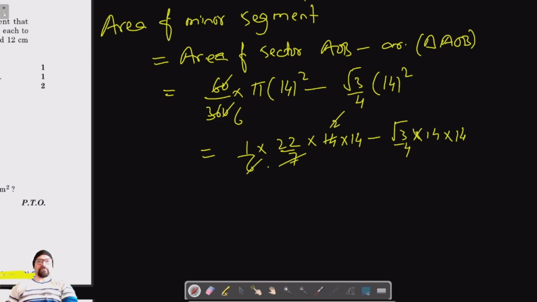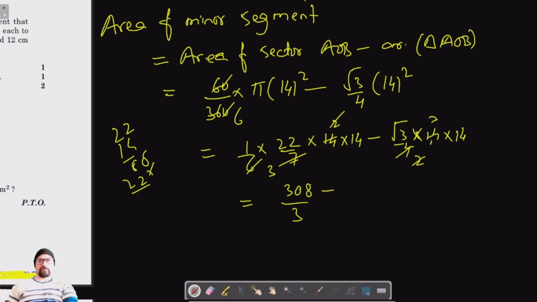So 7 twos are 14, and 14 threes are 6. And now 22 into 14, 22 into 14 is 308, divided by 3, minus 14, this I can write as 2 sevens are 14, 2 sevens are 14, and this is 49 root 3.